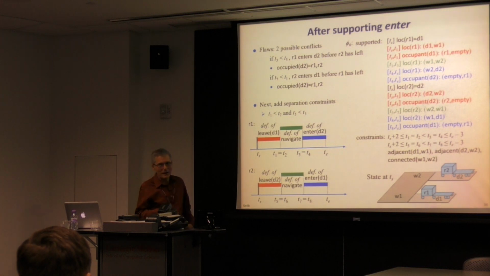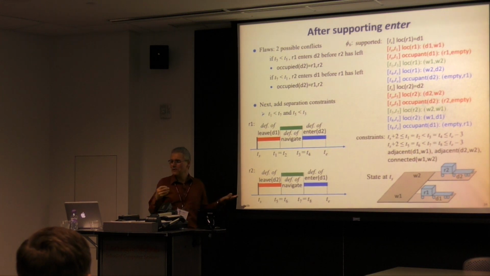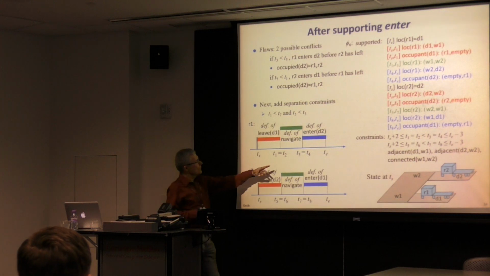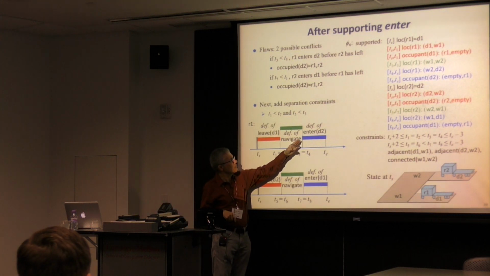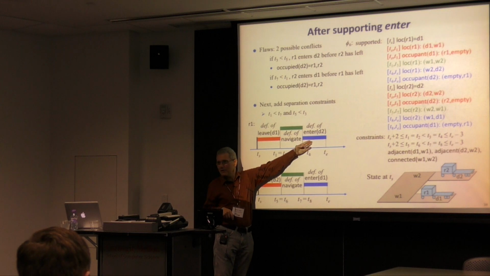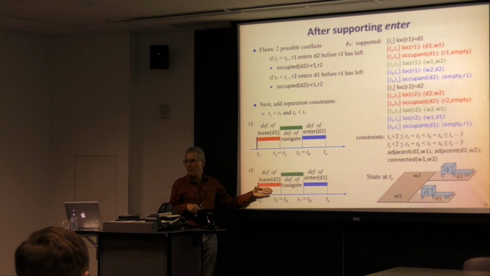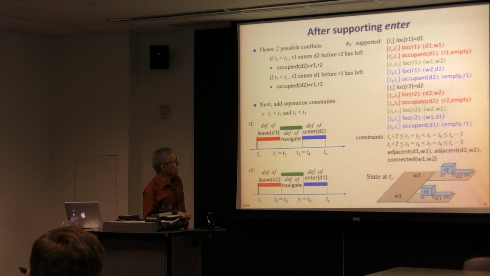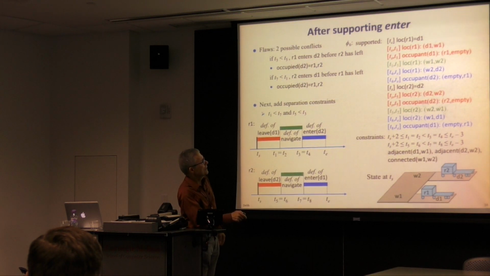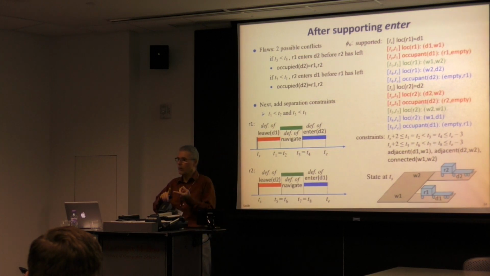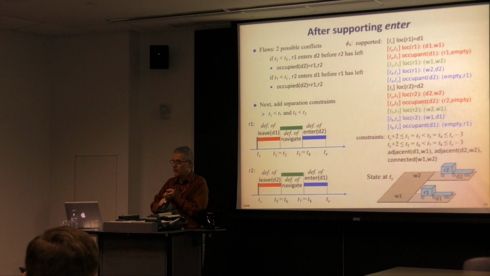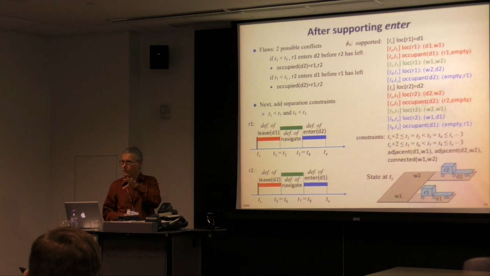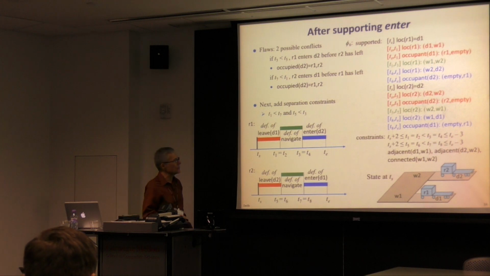Doesn't matter. The idea is that if robot 1 starts entering dock D2 before robot 2 has left dock D2, then the value of occupied or occupant of D2 is going to have two values at the same time, robot 1 and robot 2. Okay? That's what the occupant thing is for, to enforce the notion that there can only be one robot in the dock at the same time.